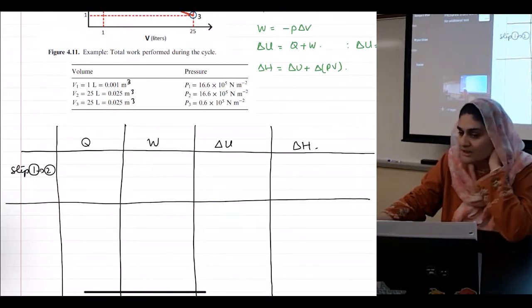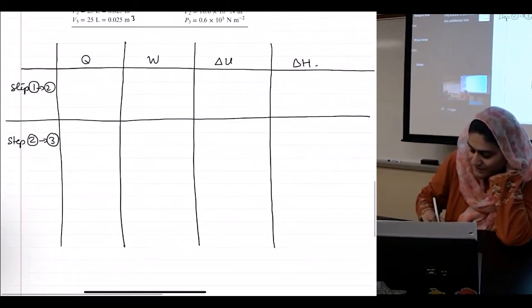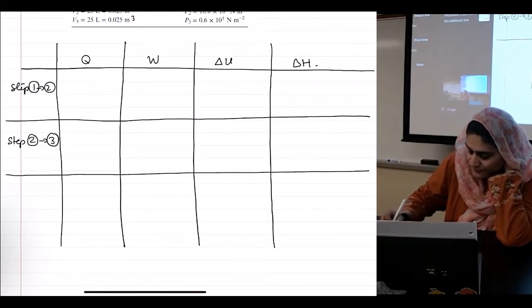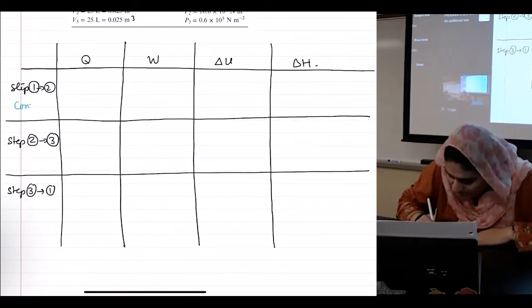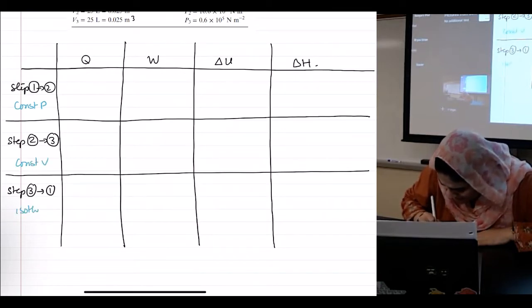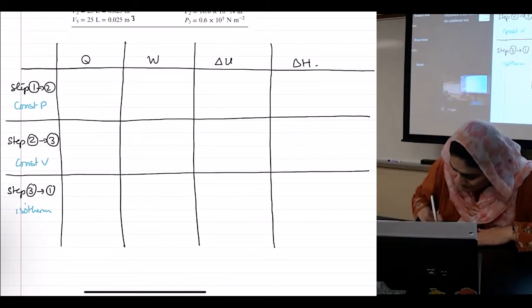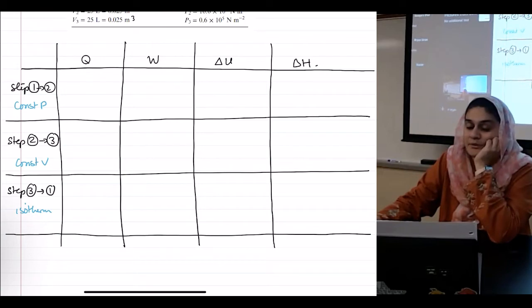So let me do step 2 to 3, and then step 3 to 1. So this was my constant P, constant V, and isotherm. Everybody make this table, and then we will talk.